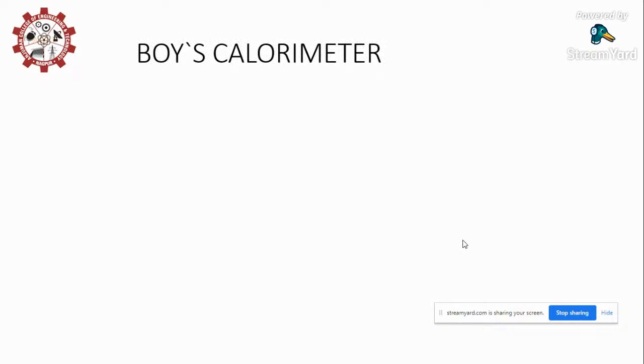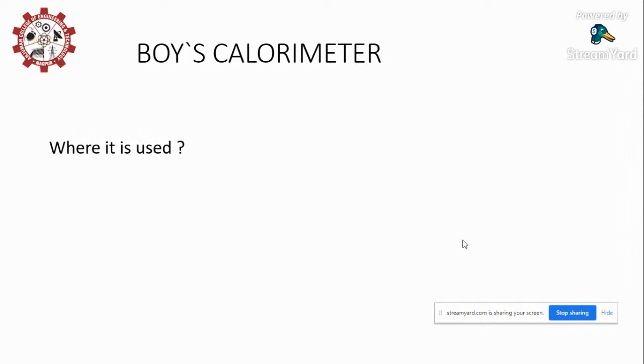Let us go with the term Boys calorimeter. I have defined the word calorimeter in the previous class. It is nothing but an instrument with which we find out the calorific value of a given fuel or any substance which in combustion produces calories.